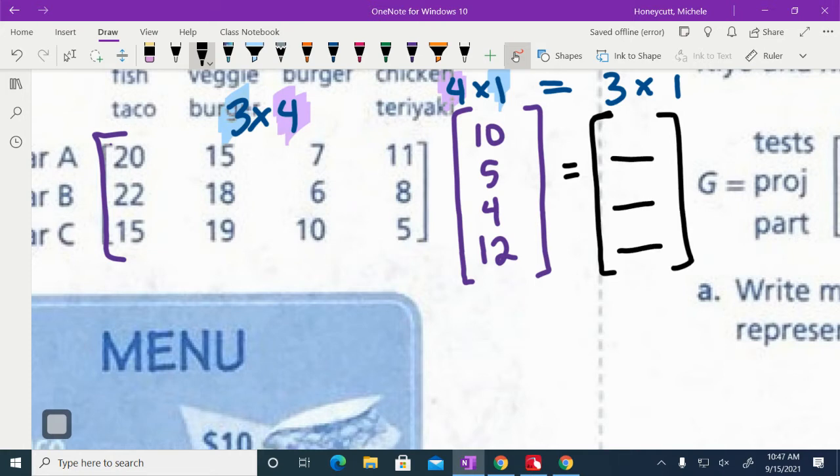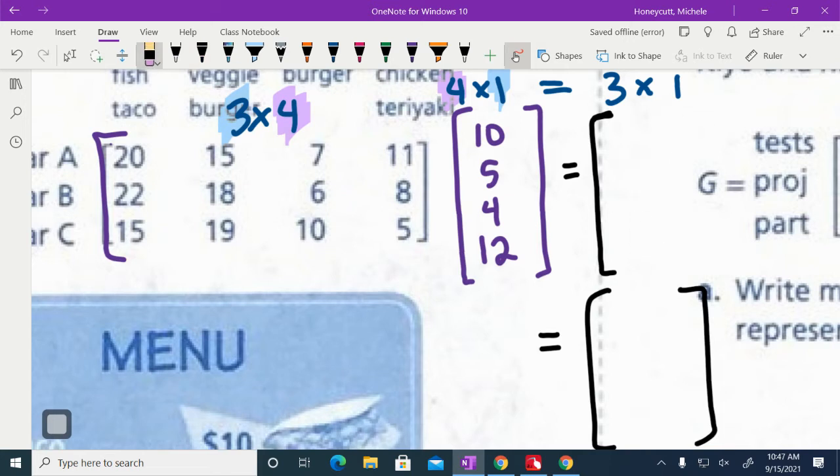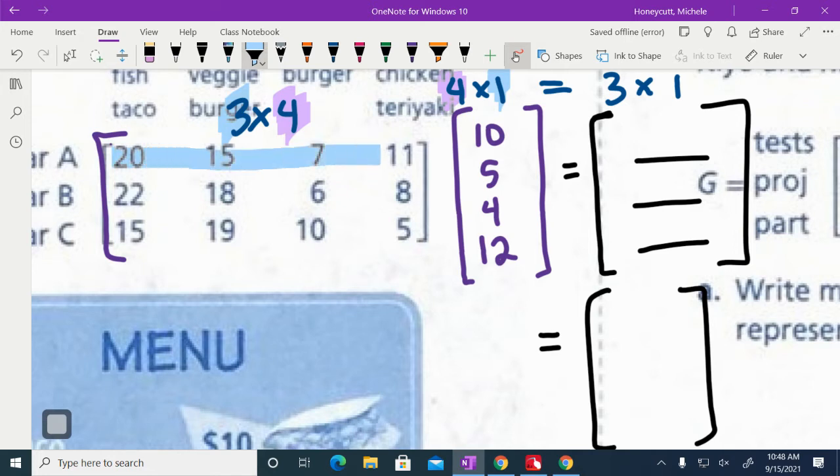So I'm just putting blanks there. We need to do some work. Maybe I should make mine a little bit larger. Okay, you said earlier you multiplied row 1 by column 1.